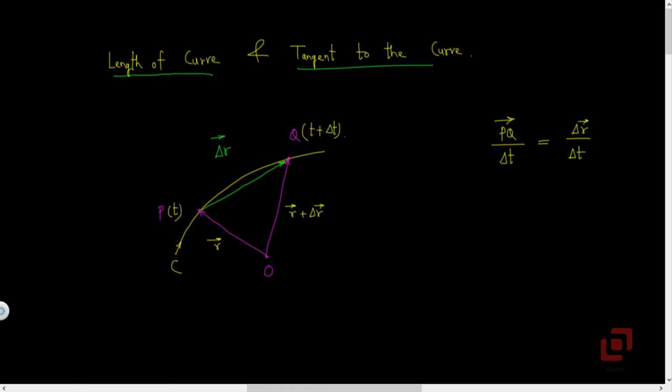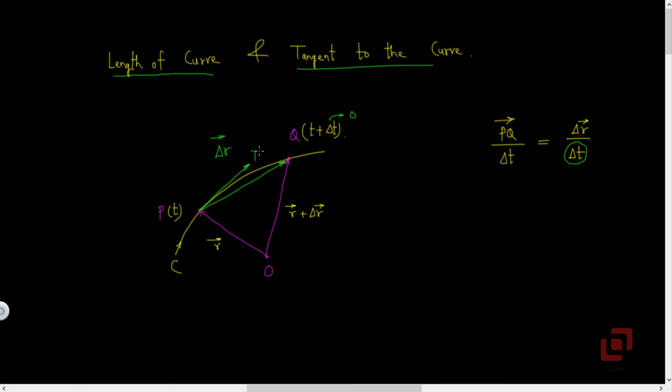We now allow the difference in the parameters to tend to 0. If delta t approaches 0, it means the parameter t plus delta t approaches t, or the point Q here will approach the point P by following the curve C. In the limiting case, the chord PQ of the curve will become the tangent at P.